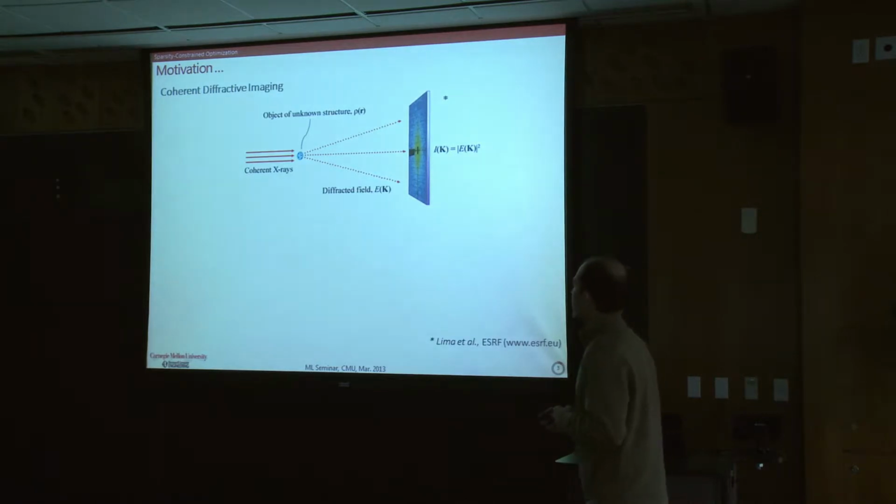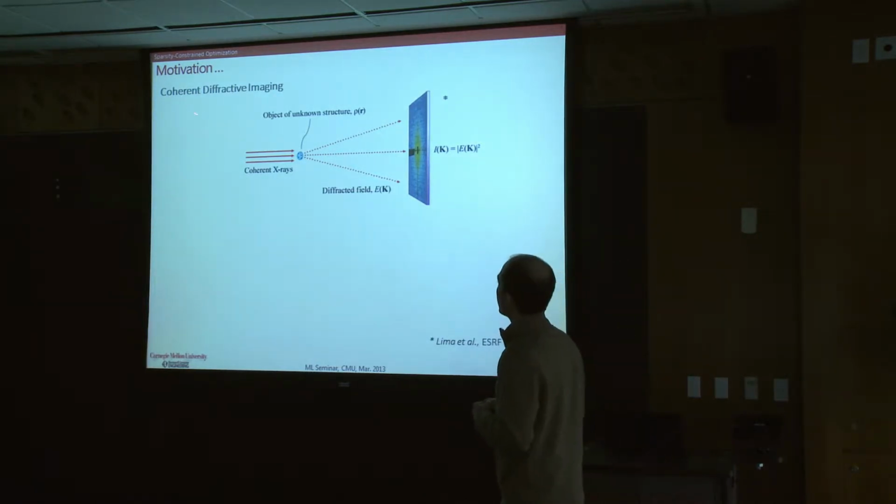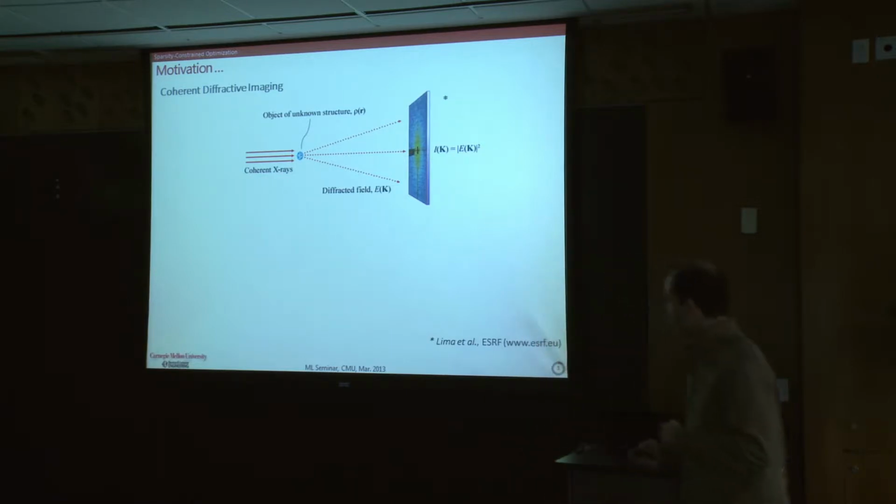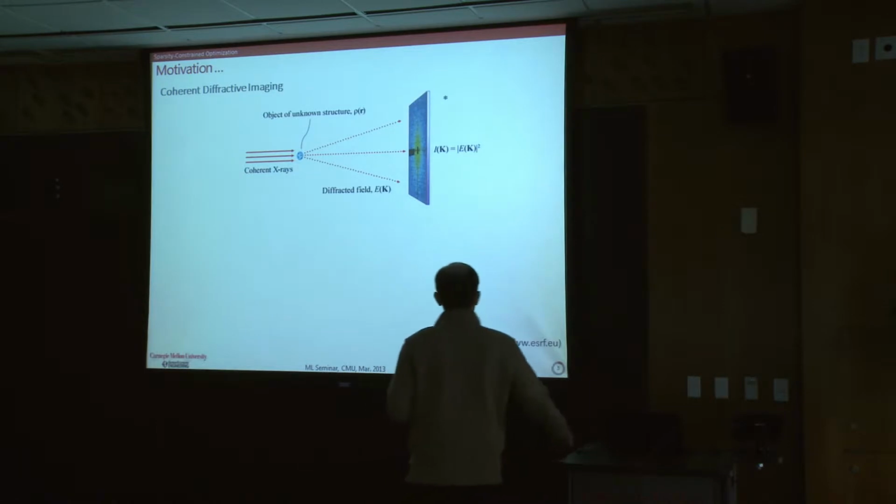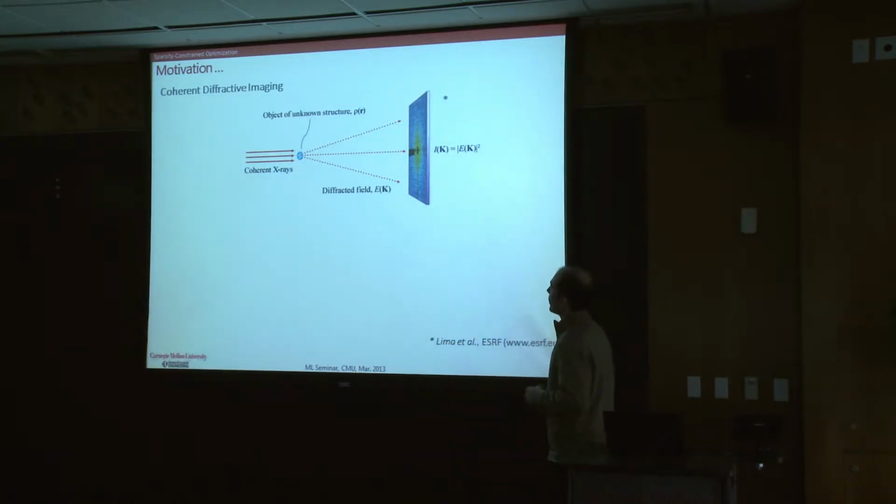Another example is in optics, which is called coherent diffractive imaging. In this application, you have a small object which usually is in nanoscale, like a crystal molecule or a virus or something like that.